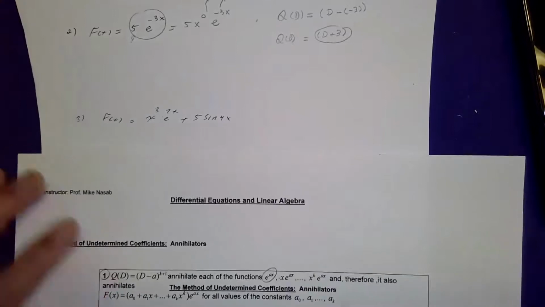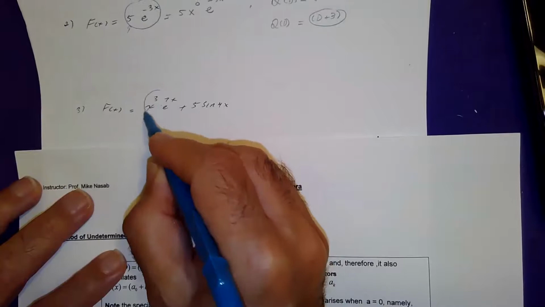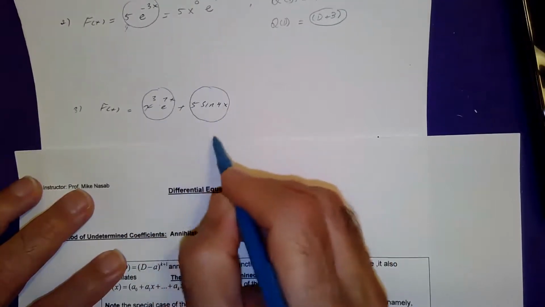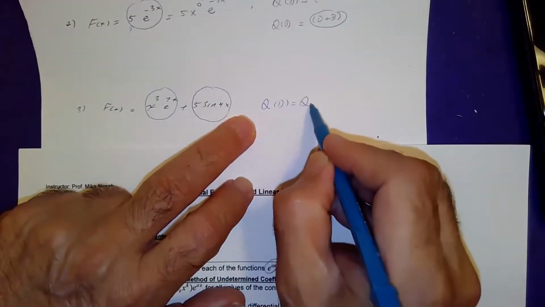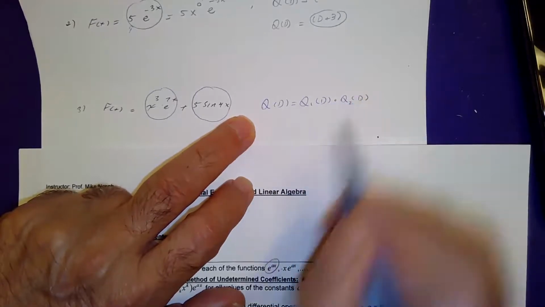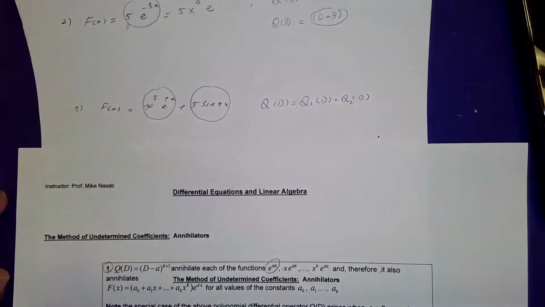Next, once again, I have a combination of two functions. I need to find two annihilators, one for each, then I can multiply. So my final answer should look like q1(D) times q2(D). The question is, what are the annihilators for these guys?